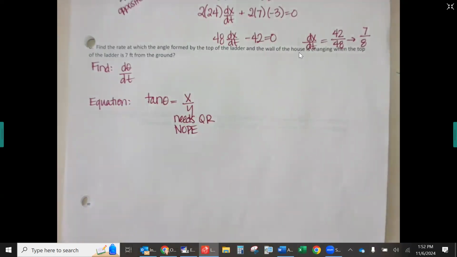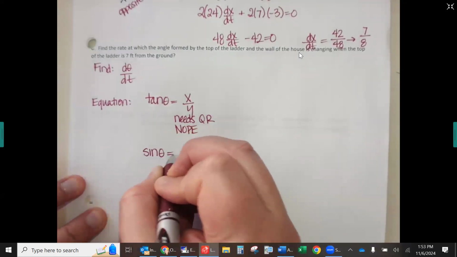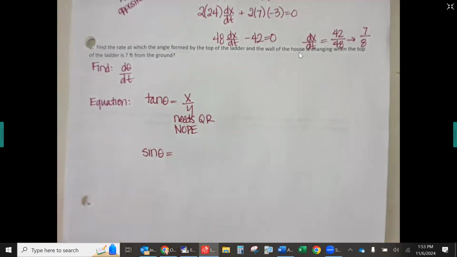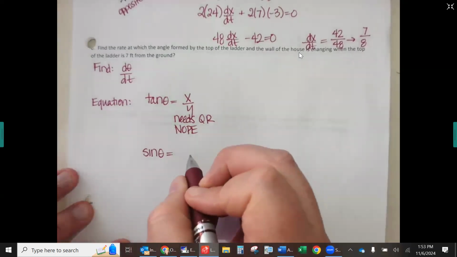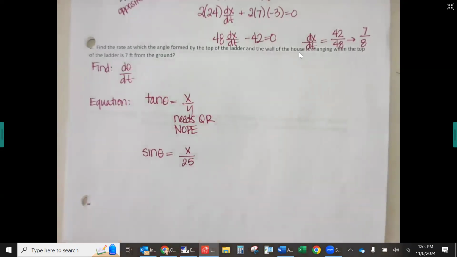Let's try sine theta. For sine, what would my theta equal? Opposite over hypotenuse, so X over 25. Will that need quotient rule? No, then that's going to be great. Now, the way that it's written, it looks like it does need quotient rule, so I'm still going to rewrite it.